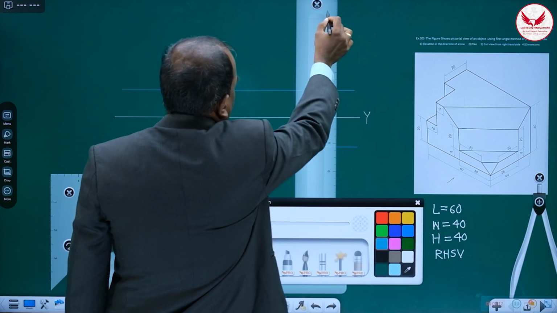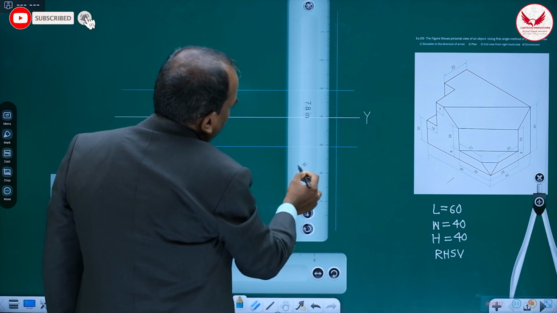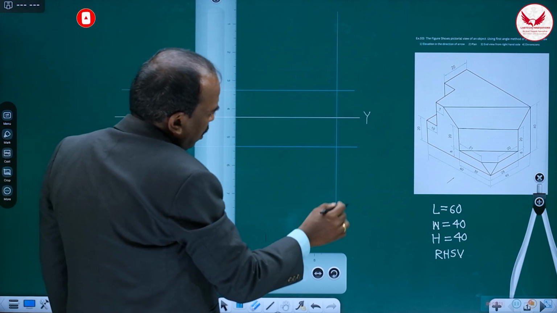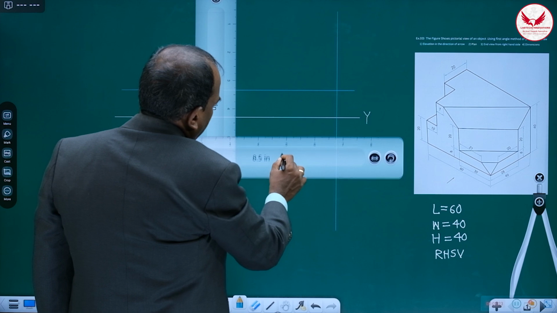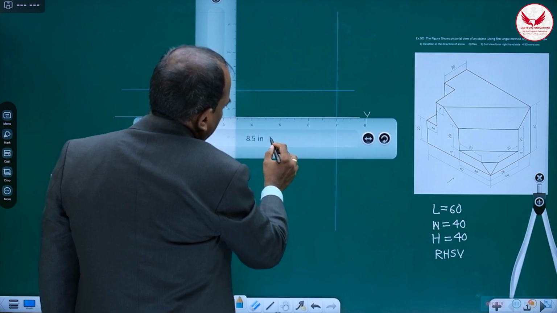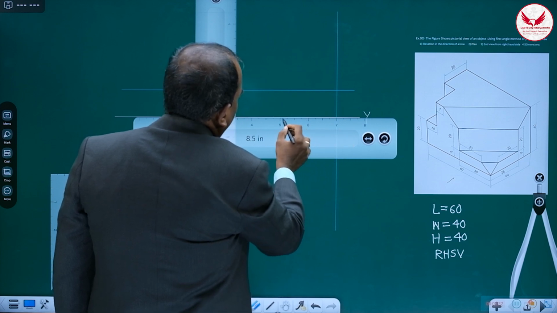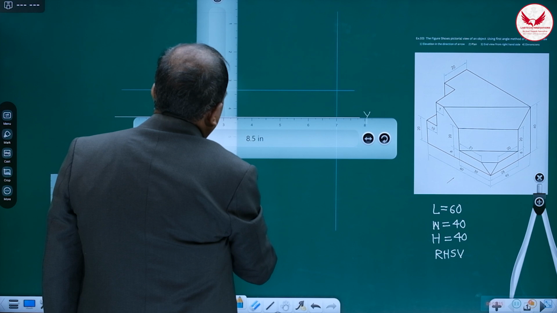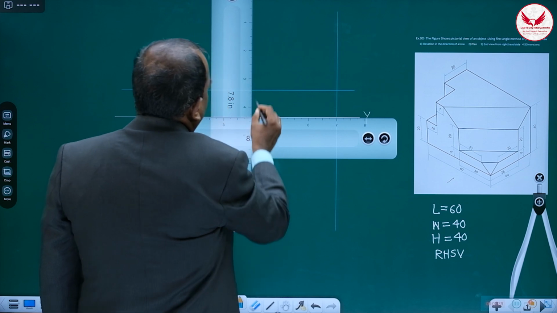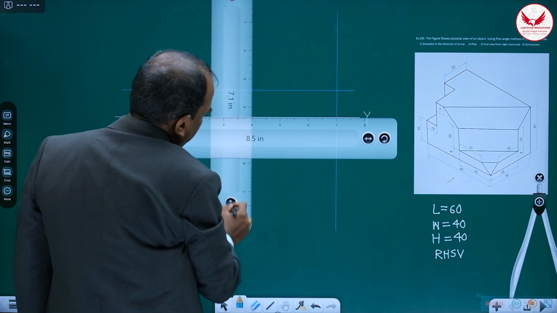Then after that, what do you have to do? The length of the object is 60 mm. So mark 60 mm from this, something like this: 20, 40 and 60. So it is 60 mm. Mark this line in this way.